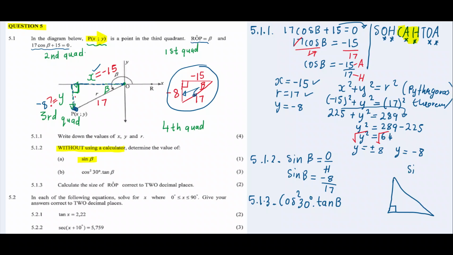If you want to draw a special triangle, just recall that the sine of 30 degrees is 1 over 2, and you can use this to draw the triangle. Since sine is opposite over hypotenuse, the one at the top here is the opposite side, and this is the hypotenuse side. So the opposite side to this angle is 1, and the hypotenuse side is 2, right?